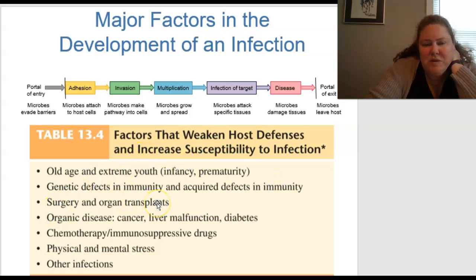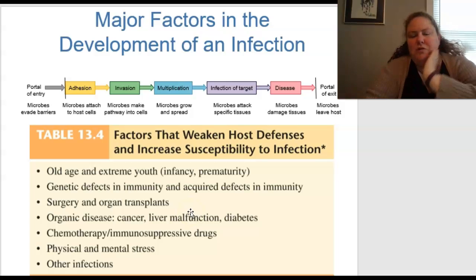Surgery and organ transplants: you're opening a sterile environment and potentially introducing non-resident flora. With organ transplants, you have to make sure the organ is very sterile before you put it in, and that you're on antibiotics or antimicrobials for a while afterwards. What about organic diseases such as cancer, liver malfunction, or diabetes? Again, all of these can throw off your normal flora.